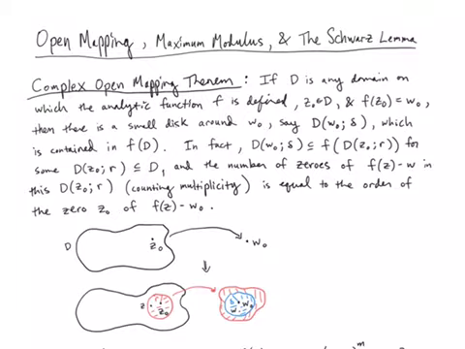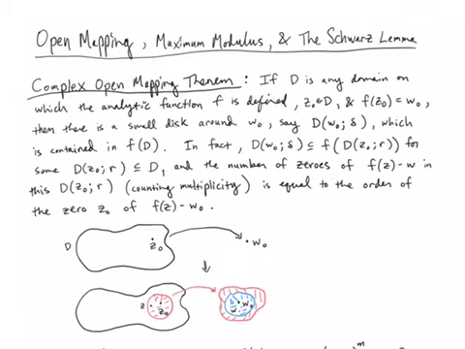So we know that z naught is going to w naught, but z naught could be going to w naught more than once, quote unquote, in the sense that the order of that zero of f of z minus w naught could be bigger than 1. But in any case, whatever that order is, that's the number of solutions of the equation f of z equals w for those w close by to w naught.